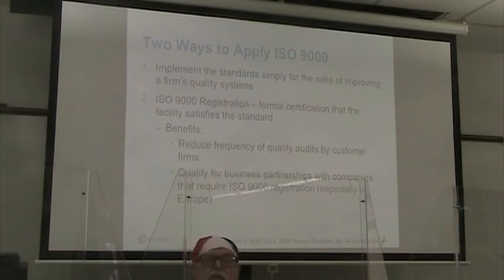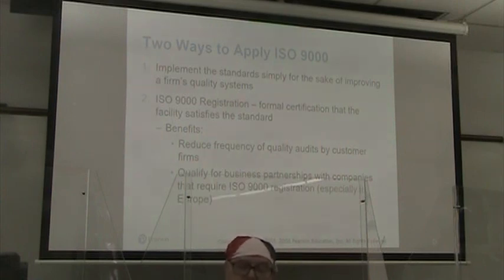All right, so there are two reasons we might apply the ISO 9000 standard. The first is we might implement those standards so that we can improve our firm's quality systems. The second is we might actually want to be ISO 9000 registered.